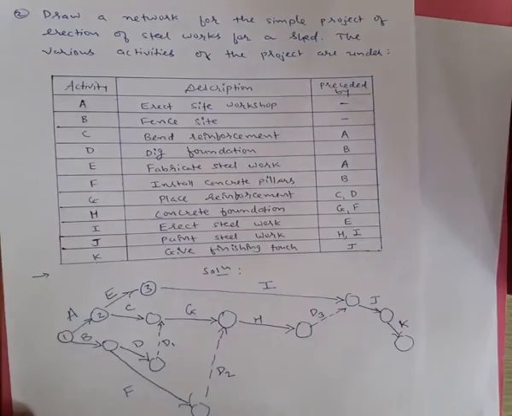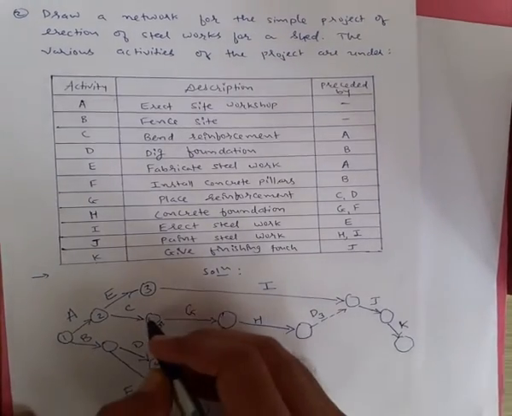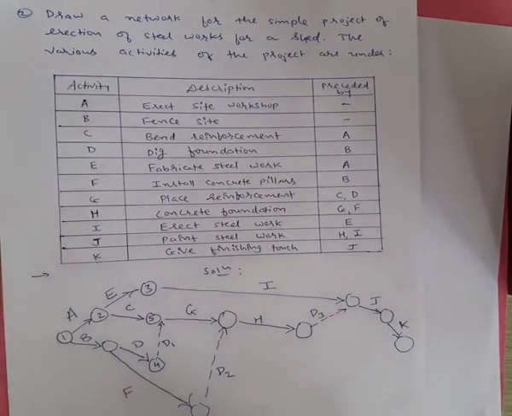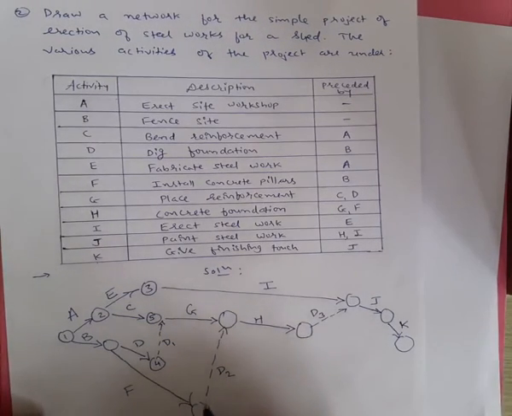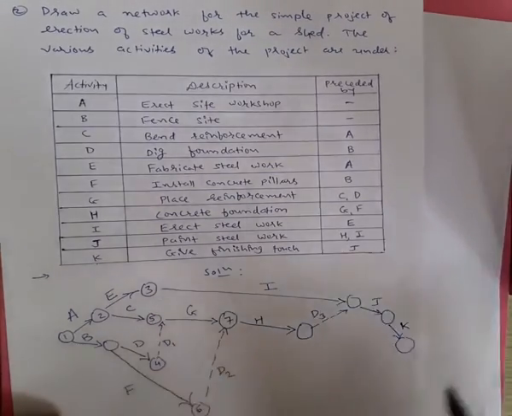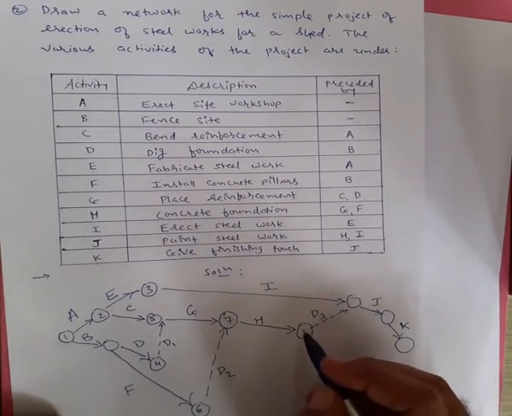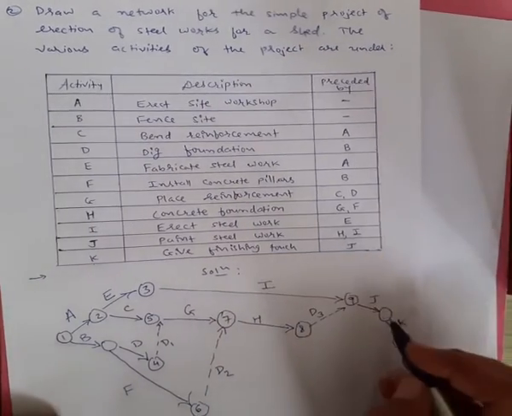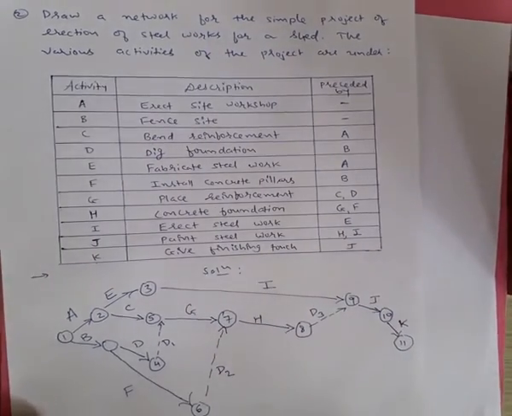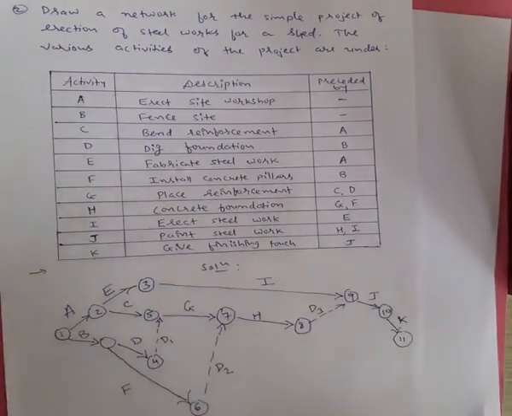3, you can number anywhere, 4, 5, 6, 7, 8, 9, 10, 11. Here, okay, you can number any number over here.